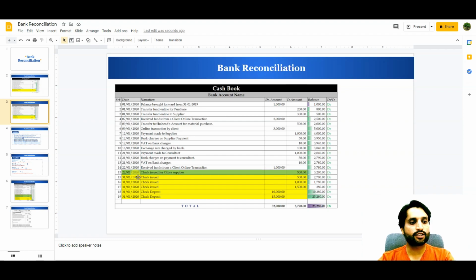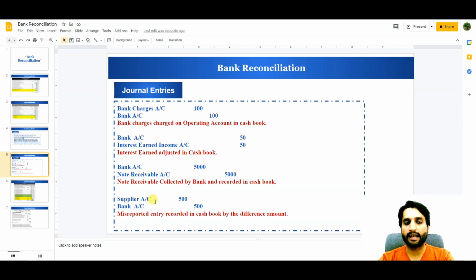So 1000 minus 500 is equal to 500. So the supplier account will be debited with 500 more, and the cash book bank account will be credited by 500. So the misreported entry is corrected in the cash book by the difference amount.